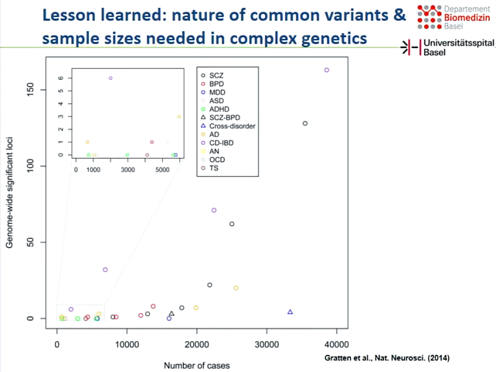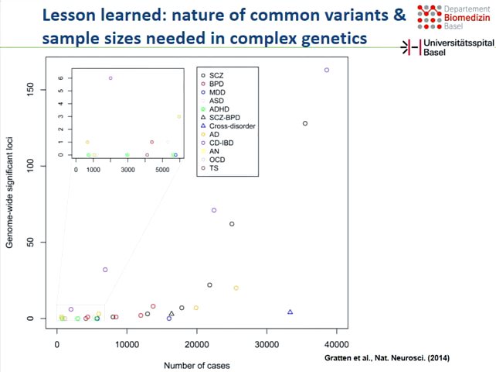This is a plot here of the number of cases and the number of genome-wide significant loci for a number of different neuropsychiatric disorders. And what you can see here is that you have this phase that goes until about 5,000, 6,000 patients and controls, where you don't see that much in genome-wide association studies.